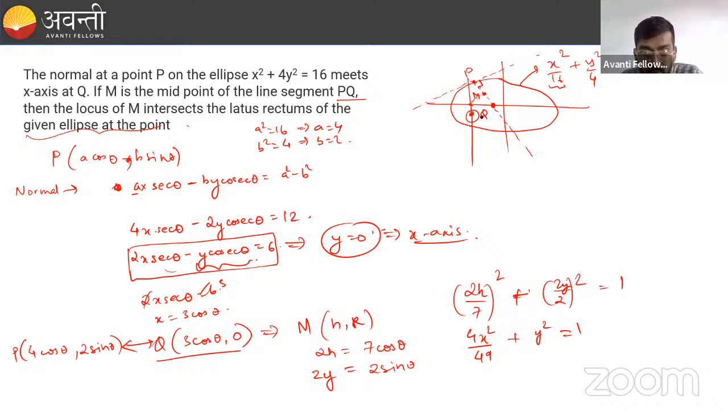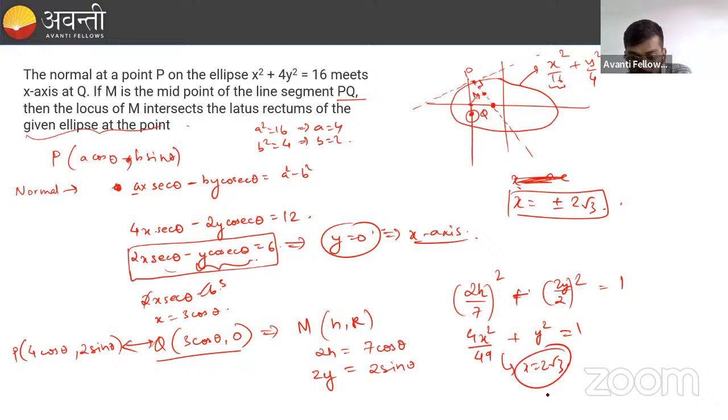Now what is the equation of the latus rectum? The equation of the latus rectum of this ellipse can be written as x equals plus minus AE, which is plus minus 2 root 3, right? So we substitute x equals 2 root 3 here and we get y equals plus minus 1 by 7.